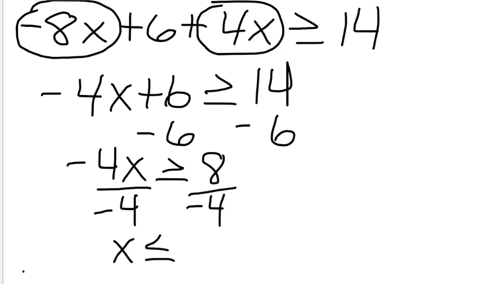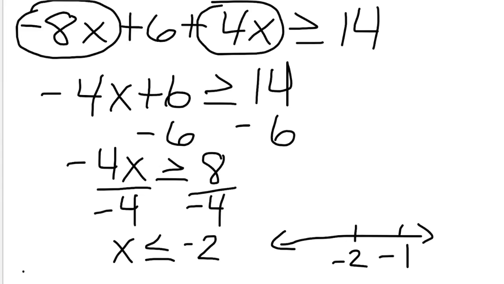X is now less than or equal to, and we have a positive divided by a negative, so we have negative 2. And when we graph that, we have negative 2, negative 1, negative 3. We have a closed circle on negative 2, and x is less than, so we're going to go to the left.